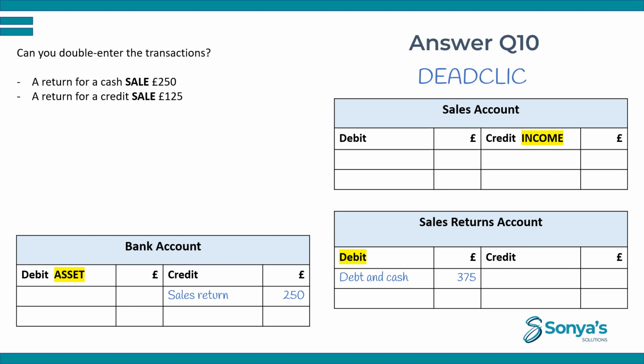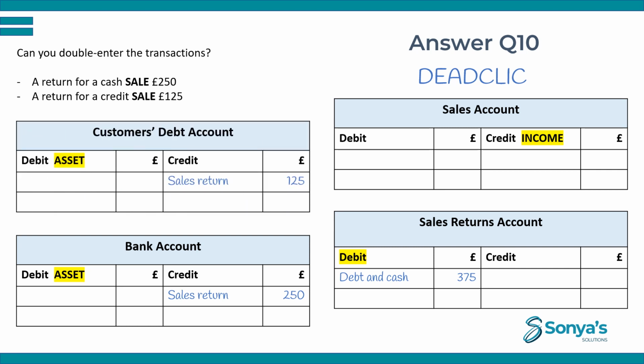It's credited to reduce the asset of cash. The invoice for the credit sale is on the debit side of the customer's debt account, an asset account with a debit opening balance. We reduce the debt with a credit entry. Finally, did you check the entries balance?